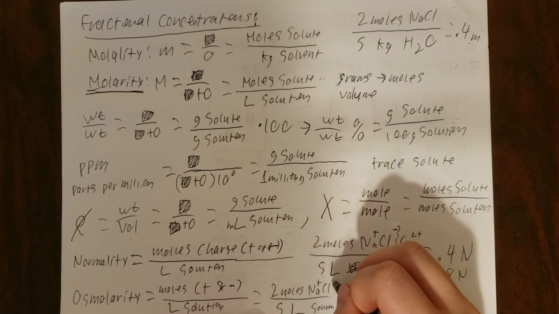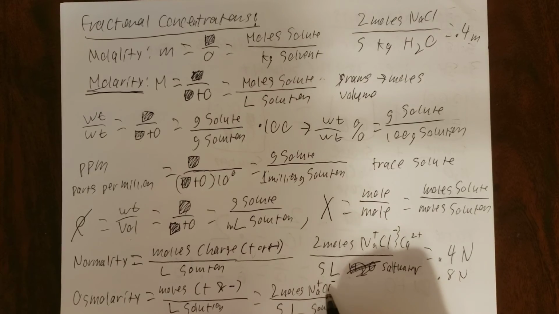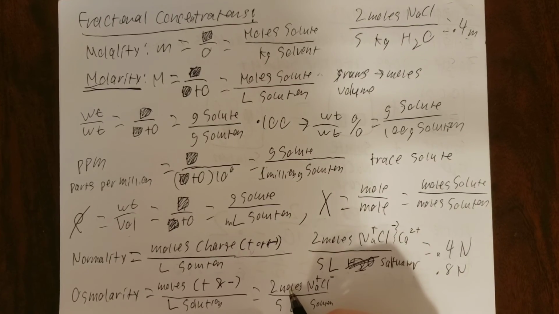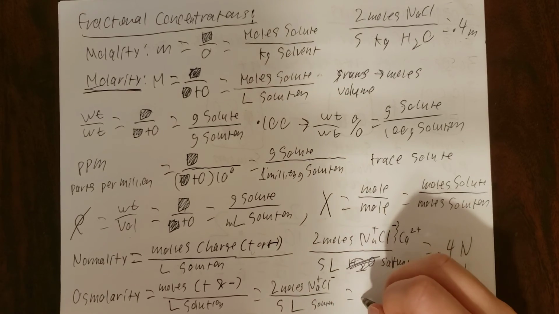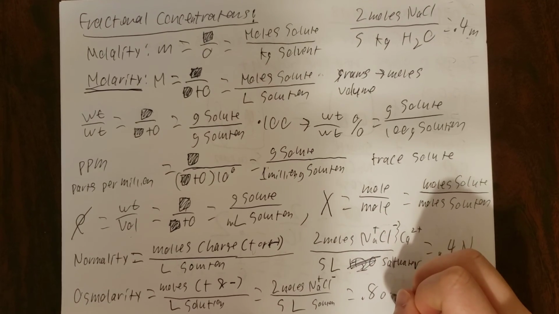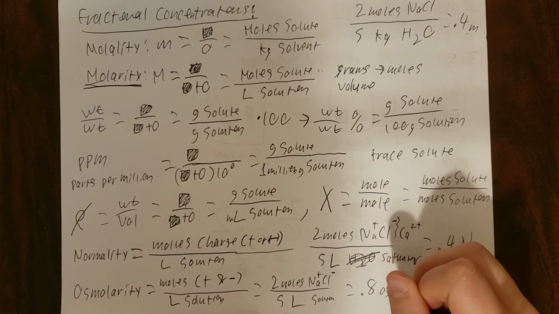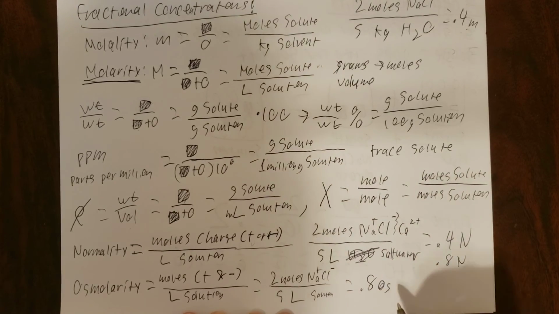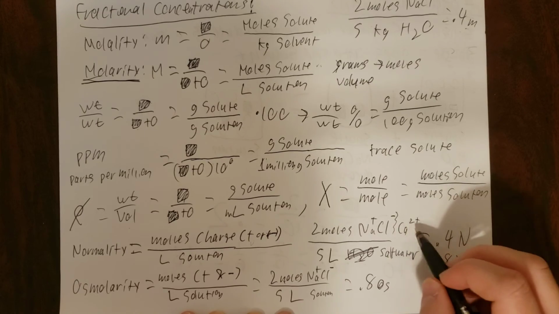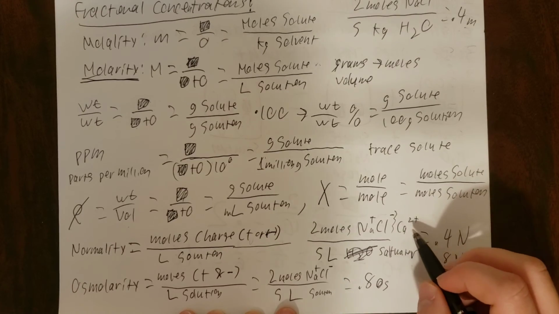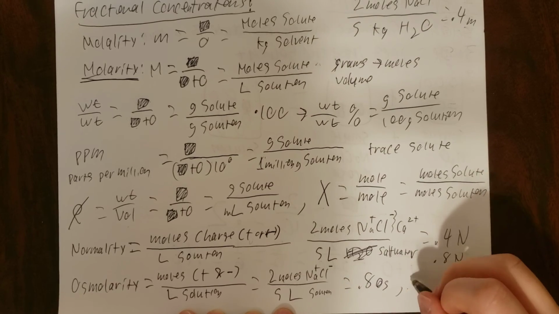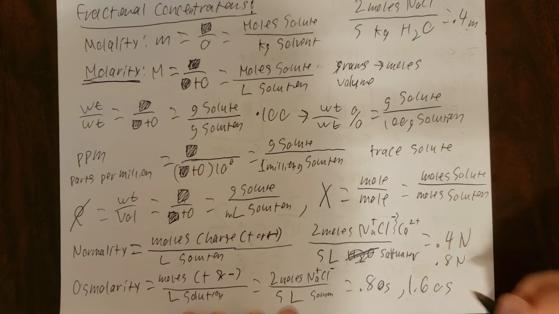Because we have both the plus and minus charge, this is 2 charge times 2 moles divided by 5. It's going to be 0.8 osmolarity. And so if we take our calcium example, if we do some calcium 2 chloride, we end up getting 1.6 osmolarity.